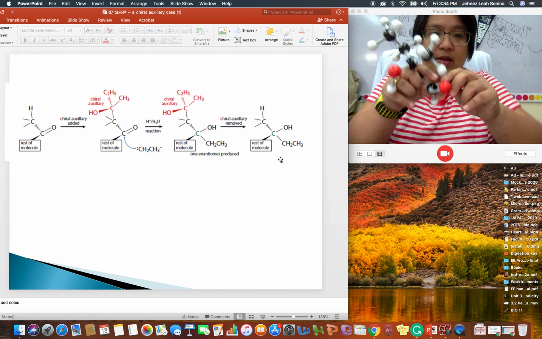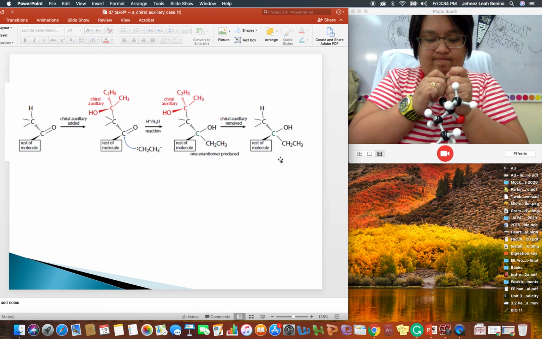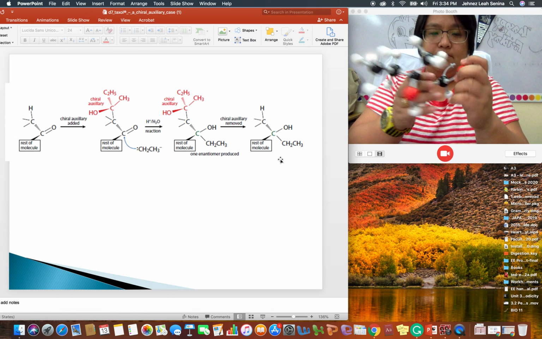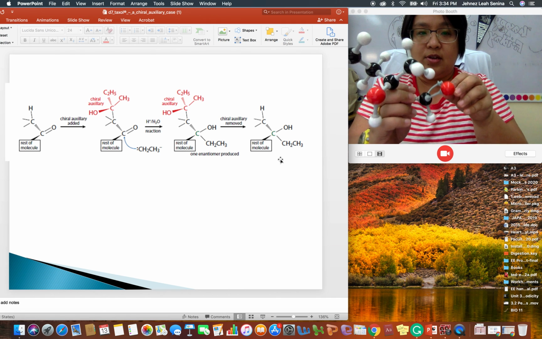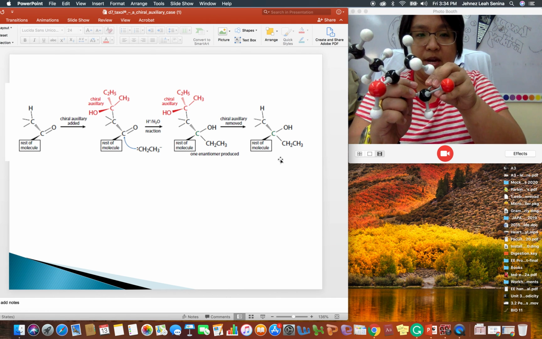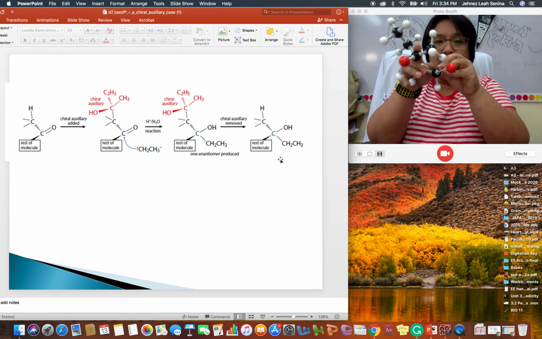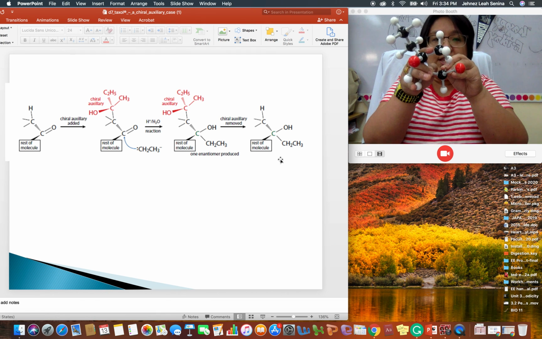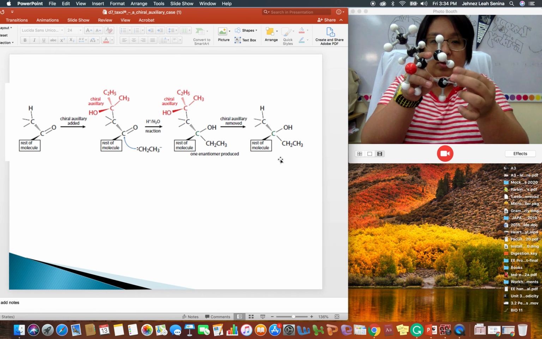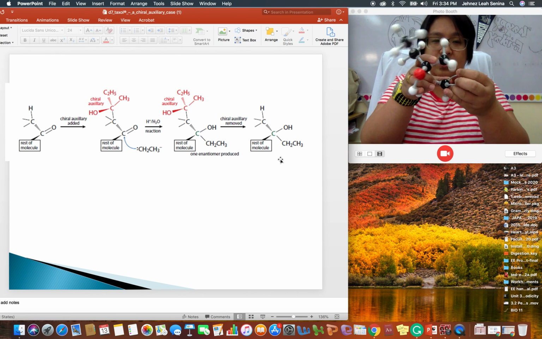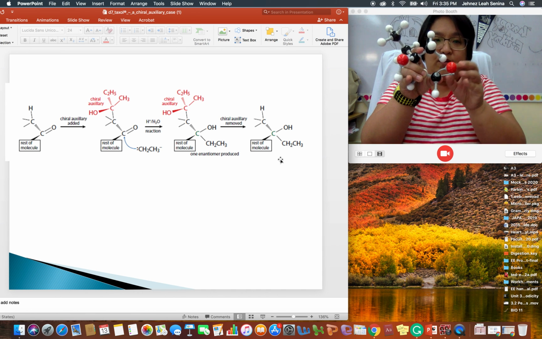If I open this, I'm going to add whatever I'm going to add to this molecule farther from here. This limits me from adding a molecule here, because there's a lot of electron clouds here. So I can only add a molecule farther.